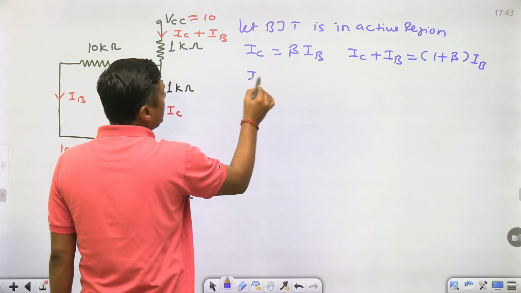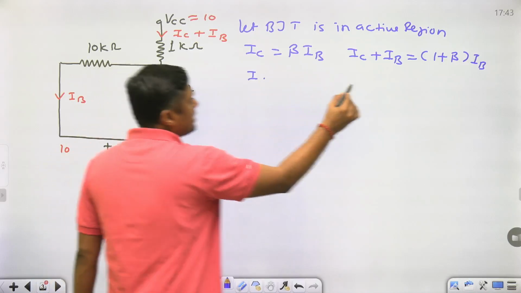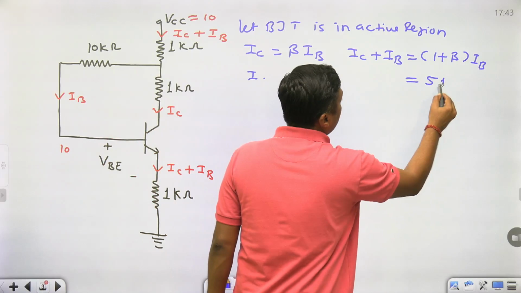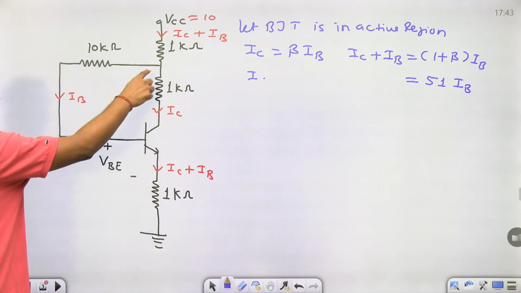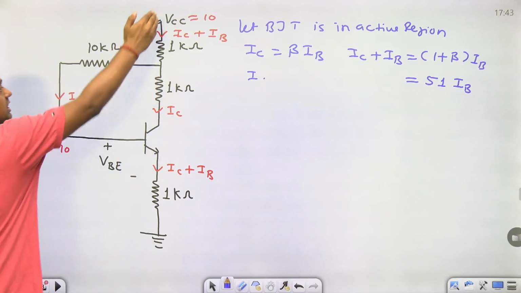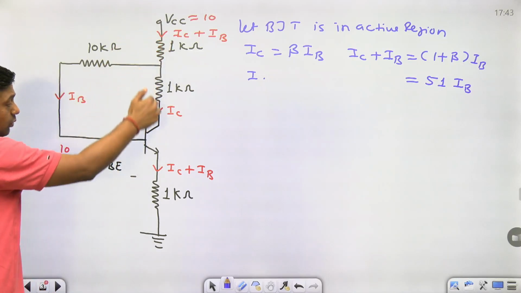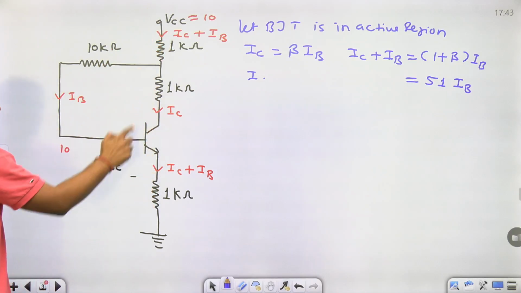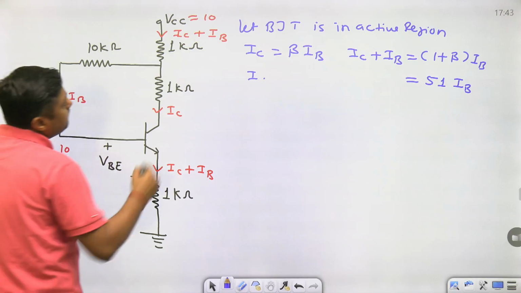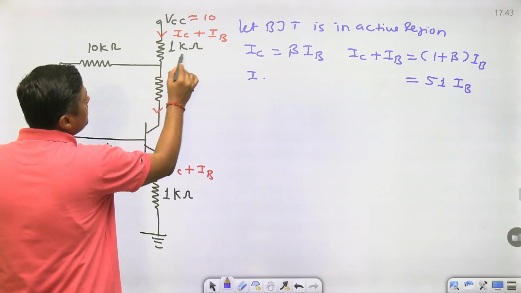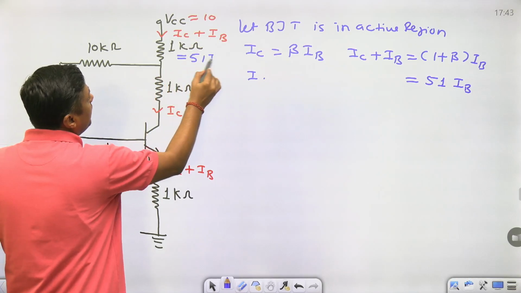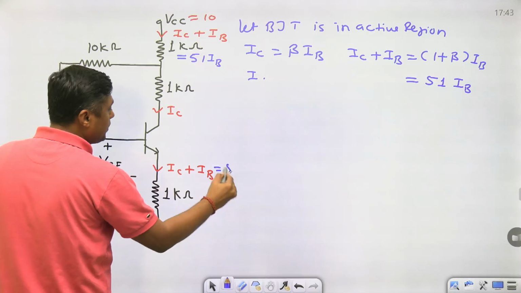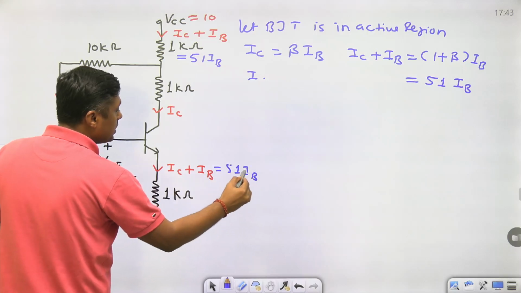So directly you can write IC plus IB is equal to 51 times IB. Now what is the current distribution? Always start from this. This is the IC, this is the IB. So what is the current here? IC plus IB. And what is the current here? IC plus IB. Because you are assuming it is in active region, you can write 51 times IB.